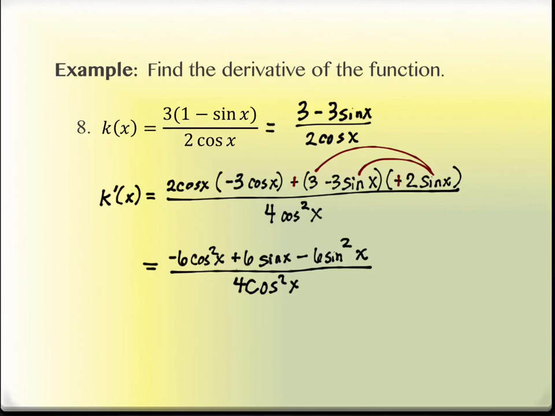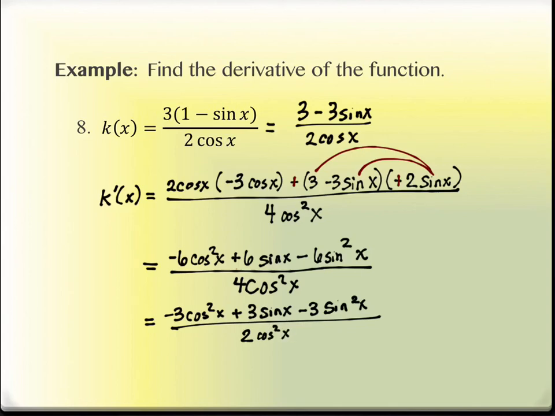We might as well do that now since you noticed that. So this is negative 3 cosine squared x plus 3 sine of x minus 3 sine squared of x over 2 cosine squared of x.